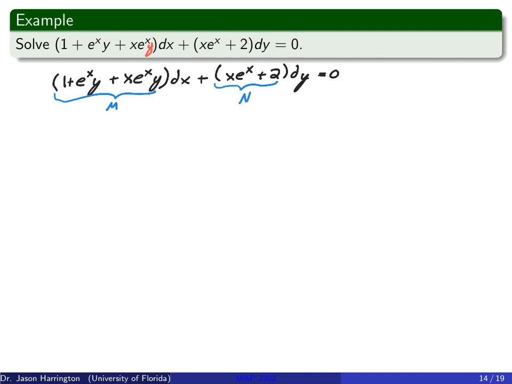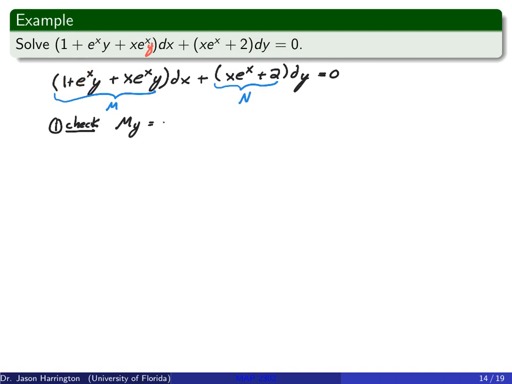So the first thing to do to check this is I need to first take the derivative. I'm going to go ahead and just check to see if I can even work it. Hopefully this does. So if I take the derivative with respect to y, the derivative of the first term, the derivative of 1 with respect to y, that's just 0. In the second case, the e to the x is just a constant, and so a constant times y is just that constant.